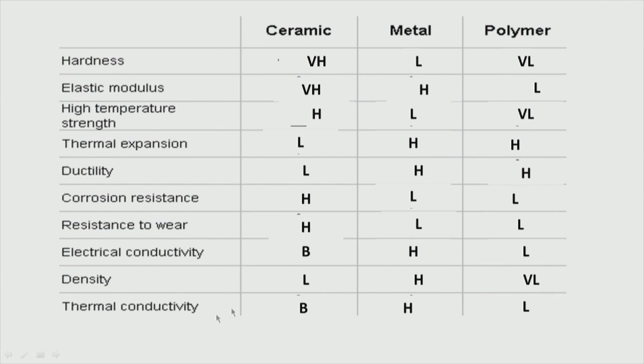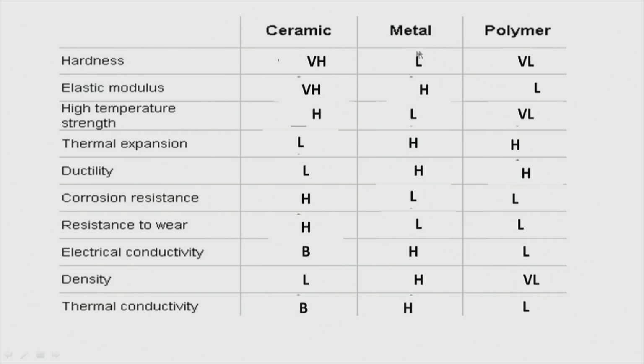These are the properties you are looking at: hardness, elastic modulus, temperature strength, thermal expansion, ductility, corrosion resistance, resistance to wear, electrical conductivity, density, and thermal conductivity. Some of them are very high, high, low, and so on. We can also have very low.